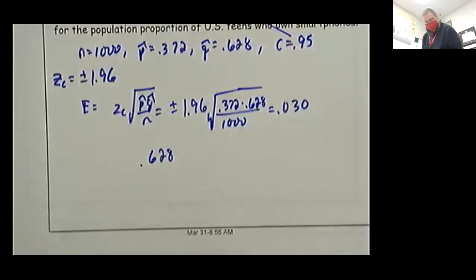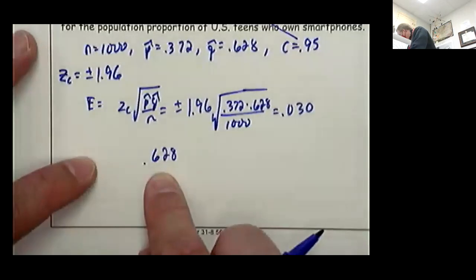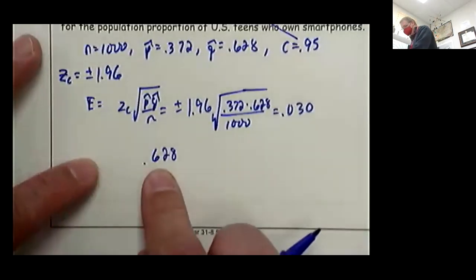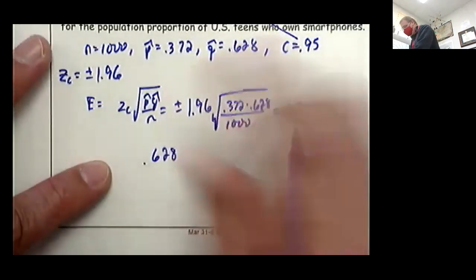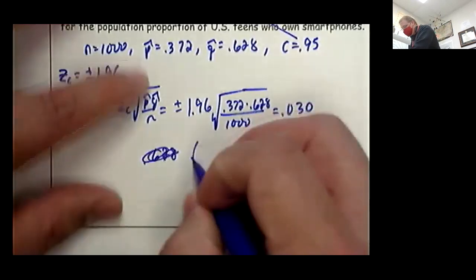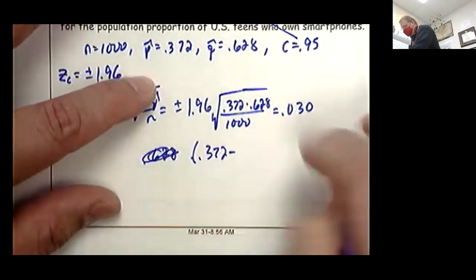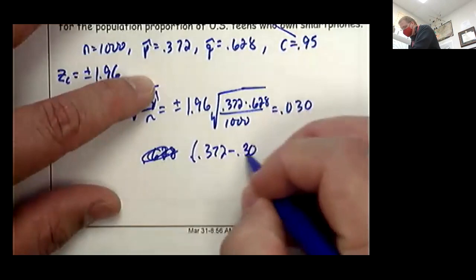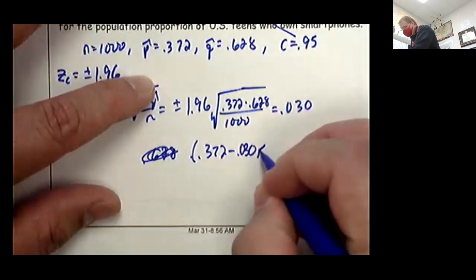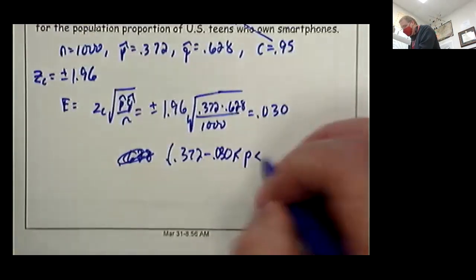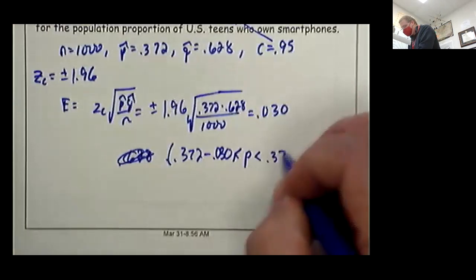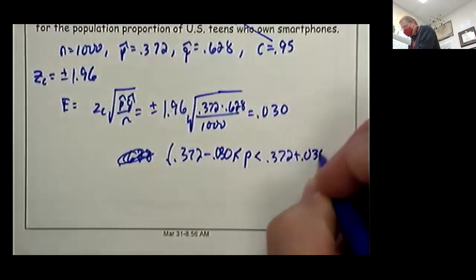Hang on, I'm missing something from example 1. Yep, we're going to take our point. I did something wrong. Oh, we're taking our 0.372. Sorry, I used the wrong number. So we're going to take our 0.372 minus our 0.030. That's got to be less than our population parameter, which is less than 0.372 plus 0.030.